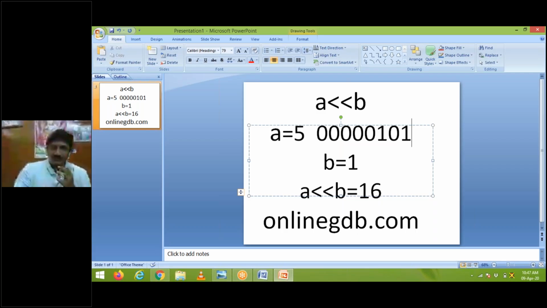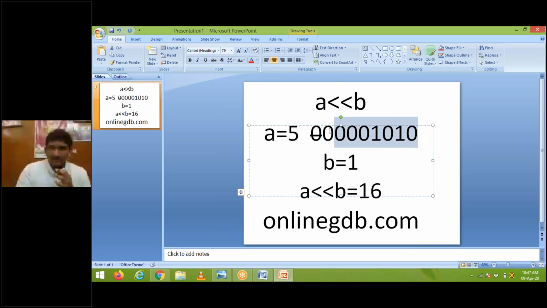This is the 5 binary number. Left shift 1, 5 left shift 1 means you cross the first digit and add a zero at the end. Can you please tell me the value of 0000 1010? That means 1010 is nothing but 10. So 5 left shift 1 will print 10.